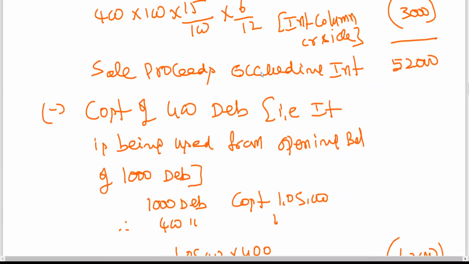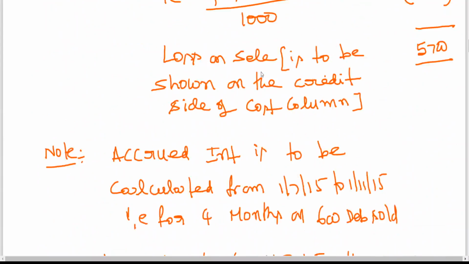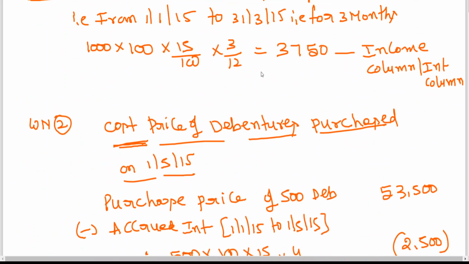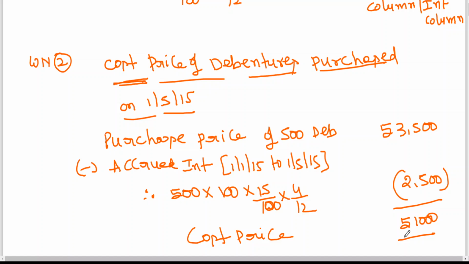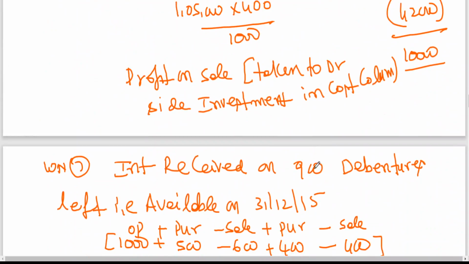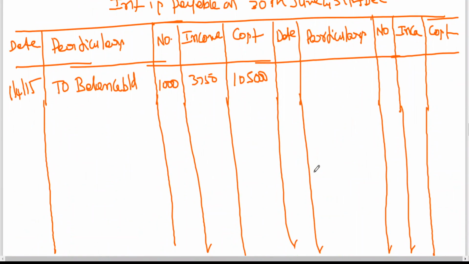Now working notes number 2 you can see. This is 51,000 cost price, accrued interest 2,500, date 1/5/15. To bank account. How many debentures have been purchased?